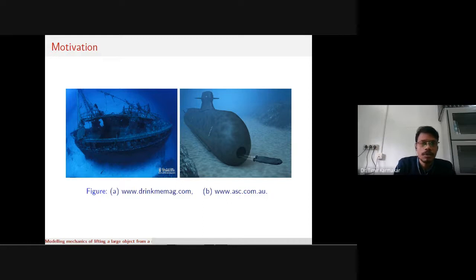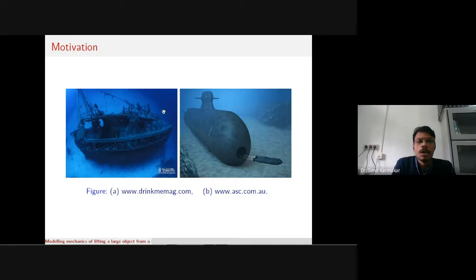That means how can we lift the object up without breaking it. How can we extricate this object without any damage to it?